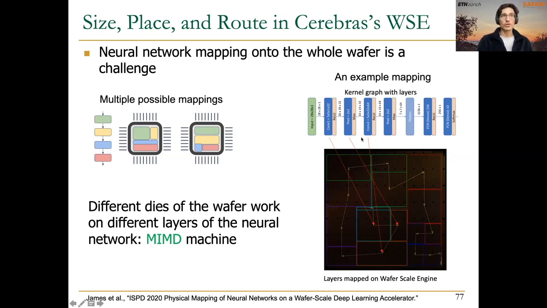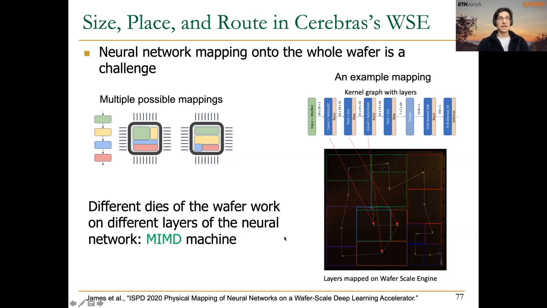So as you can already see here, we will have different processors on the same die performing different operations, right? Because in the end, these different regions of the wafer are working on different layers of the neural network.